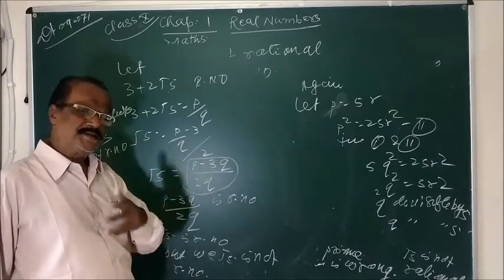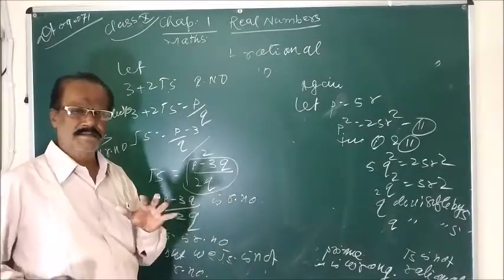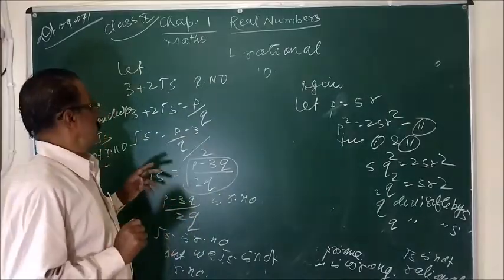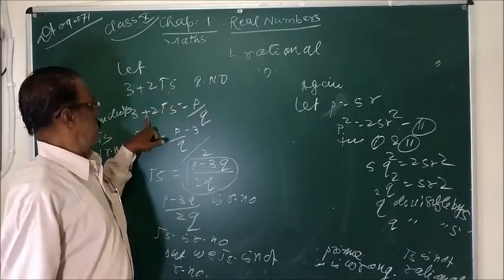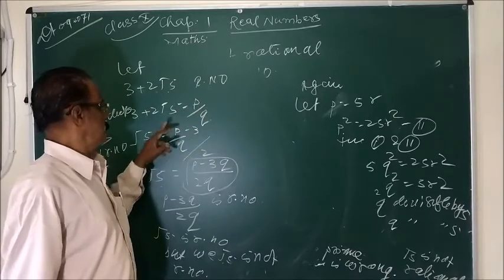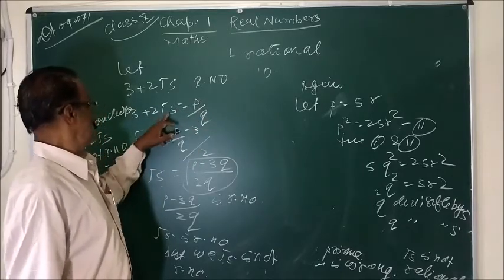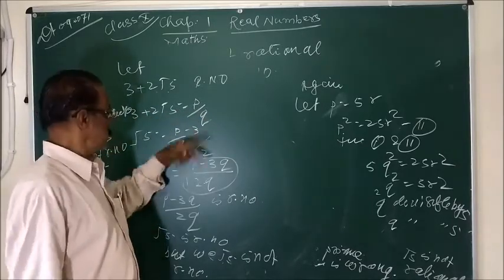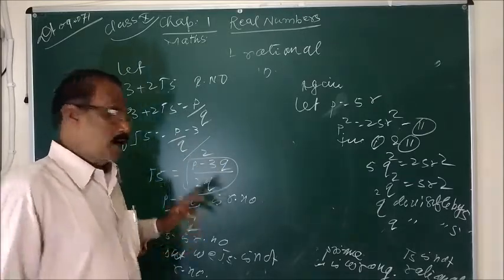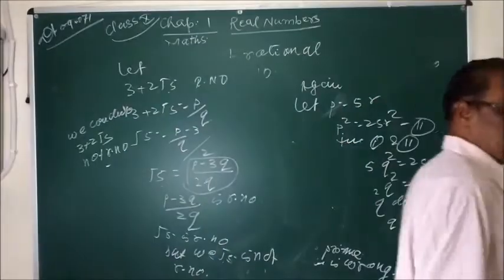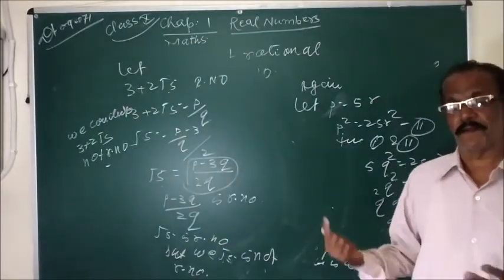We suppose just the reverse of what the question says in that particular problem. So suppose this is rational. Rational means this can be written in the form of P by Q. Find the value of root 5 by transferring 3 and 2. You get the right side P minus 3Q upon 2Q. P and Q are integers, and 3 and 2 you know very well are also integers.